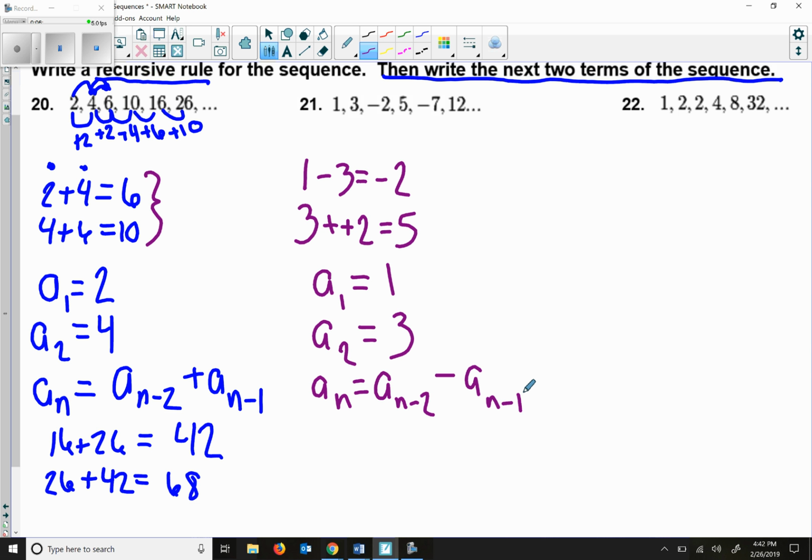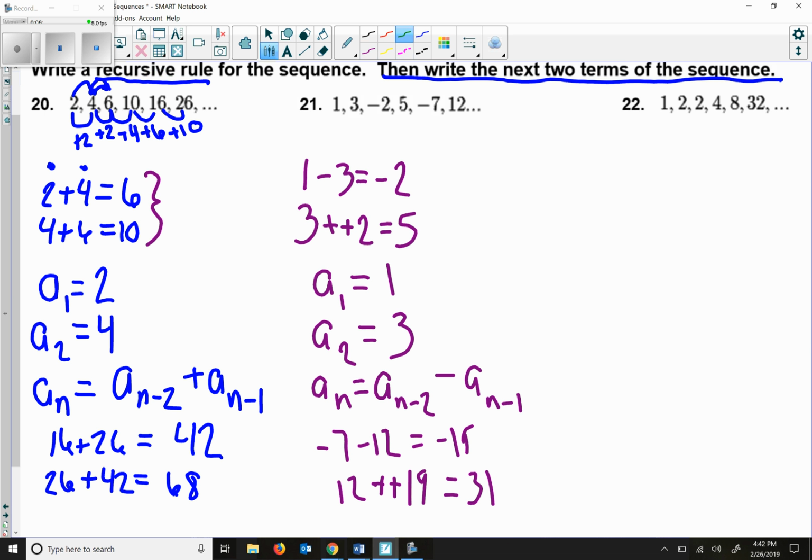Then finding the next 2 terms, if you take negative 7 minus 12, that gives you negative 19. And then, sorry, that's not negative 12, that's positive 12. And then you subtract negative 19. Make sure you add those 2 terms together. That gives you 31.